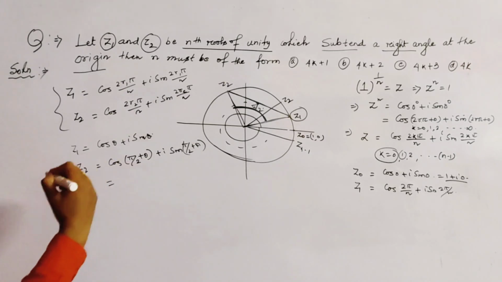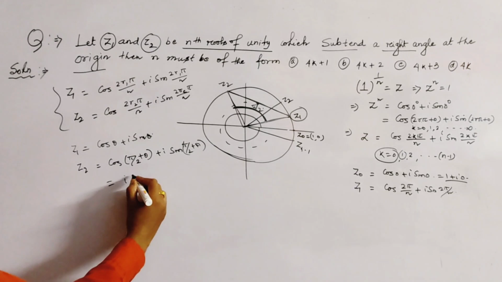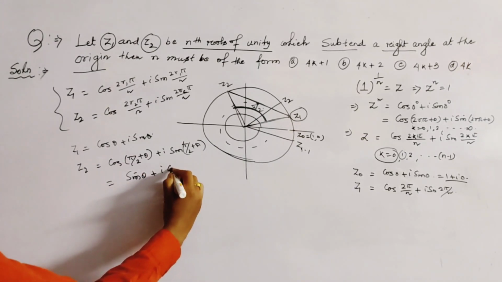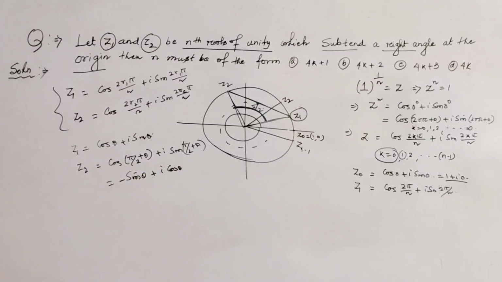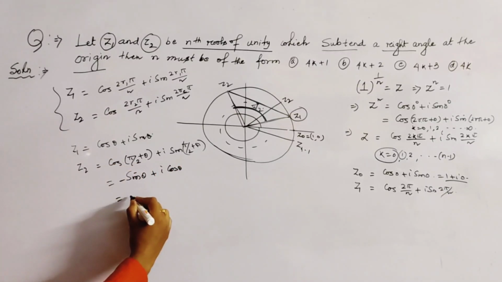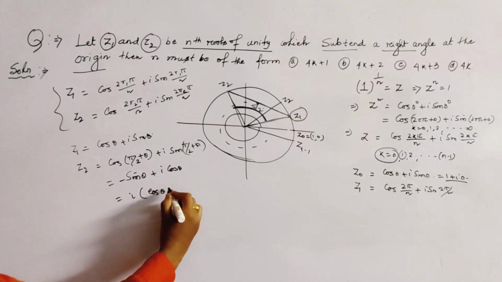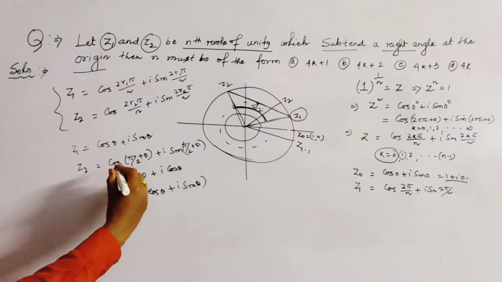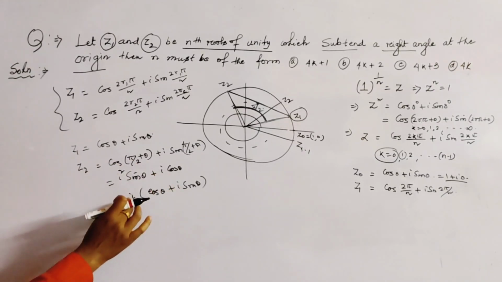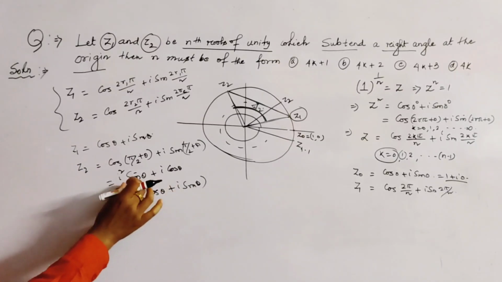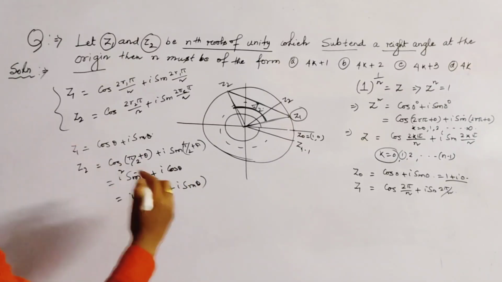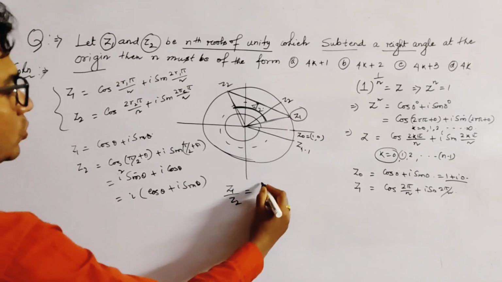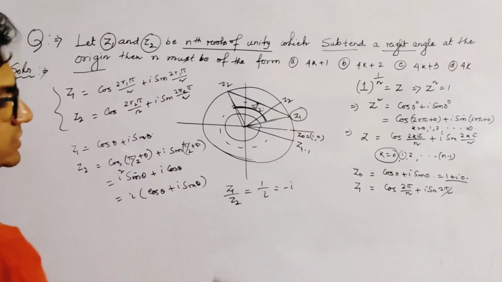So this complex number is minus sin θ plus i cos θ, and we get i times (cos θ plus i sin θ), because minus 1 is i squared, and taking i common gives cos θ plus i sin θ. Now we see that z1 by z2 equals 1 by i, which is minus i.